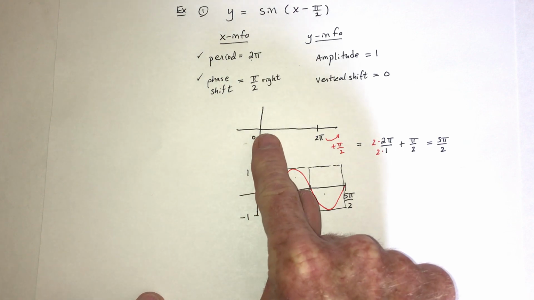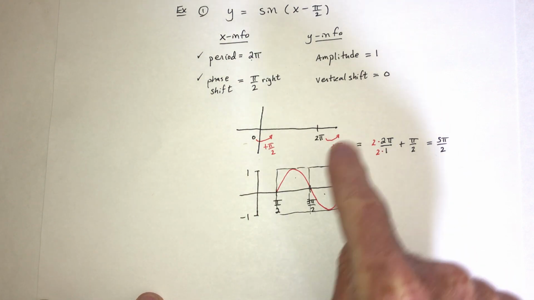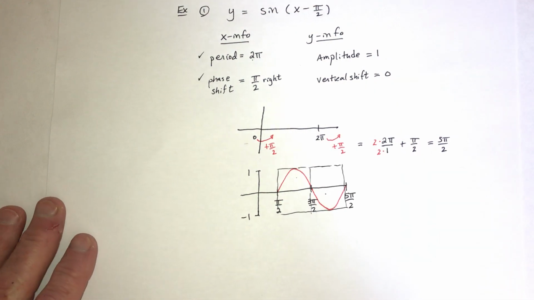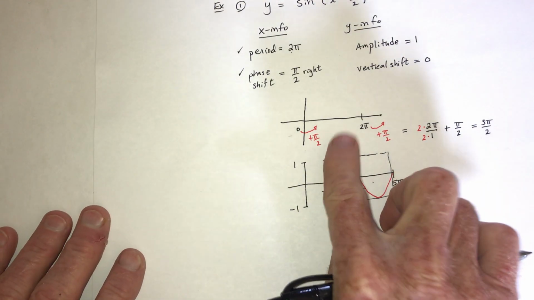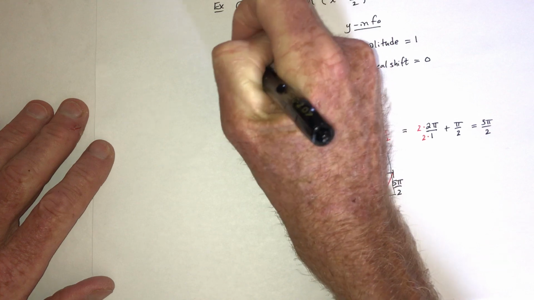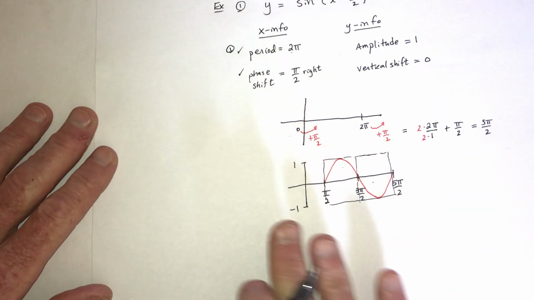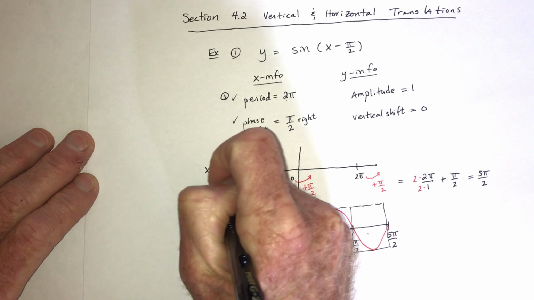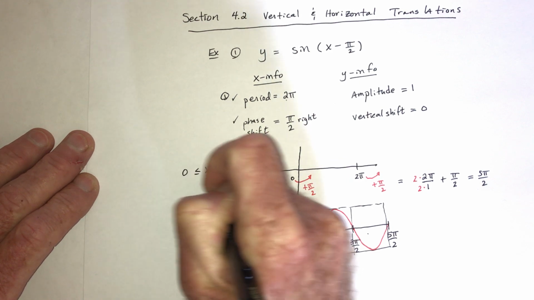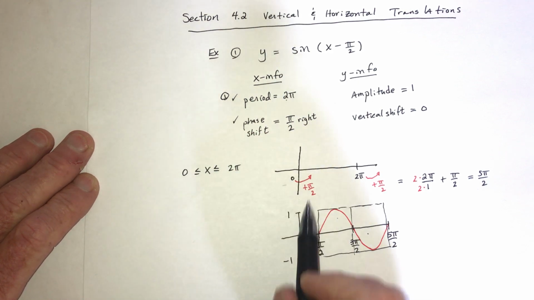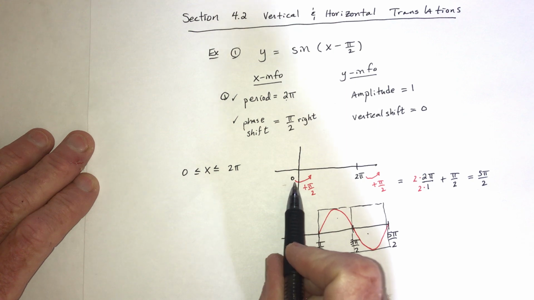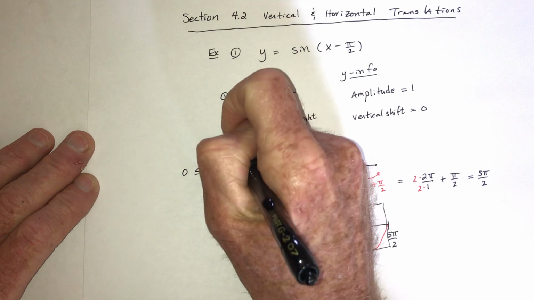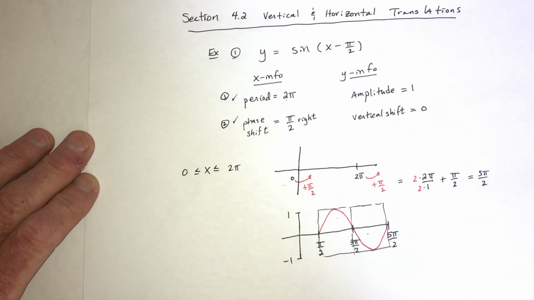Now, instead of drawing this and then having to redraw it because this would be getting a little bit sloppy, another way to do it is you go in order. First, do the period. And the period is saying that x is between 0 and 2 pi. So that takes care of this information from 0 to 2 pi. And then second, do the phase shift.